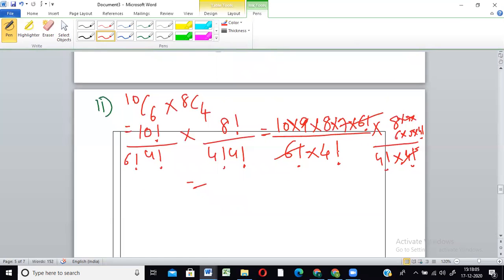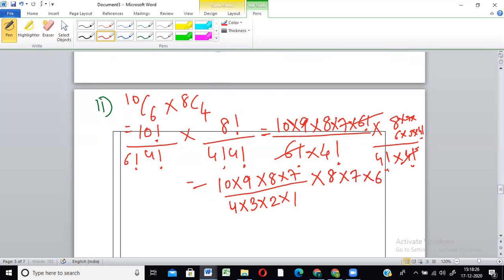So after cancelling this, you will get the final answer, and after working out something, this will be 4 into 3 into 1, right? And 9, 8, 7, 4, 3, 2, 1 into 8, 7, 6, 5 upon 4, 3, 2, 1.